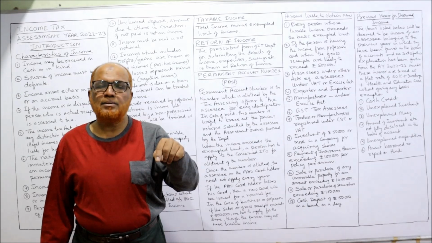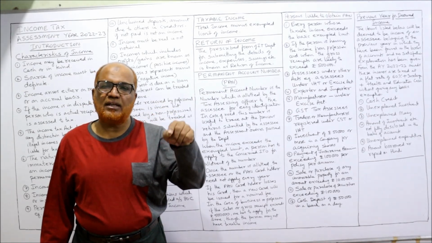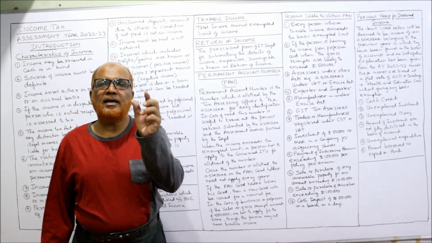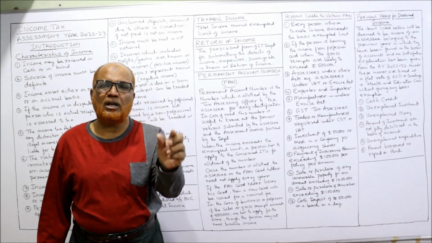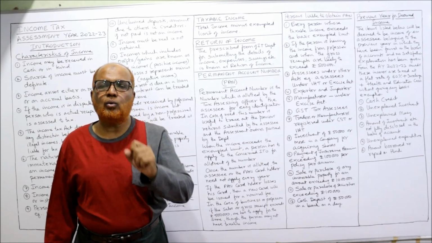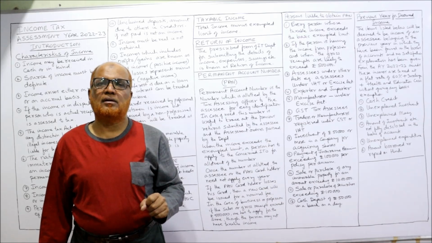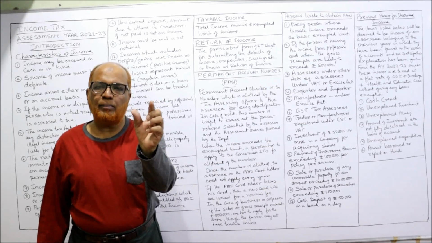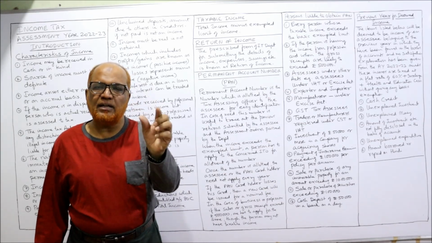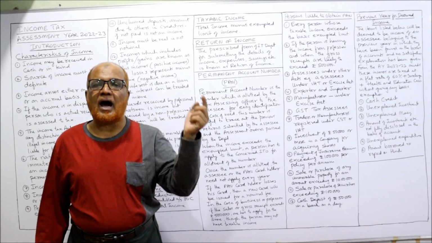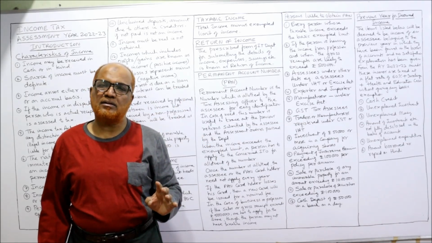So the department identifies the assessee by a unique identification number allotted to every person. Through that number, the department will identify the person.